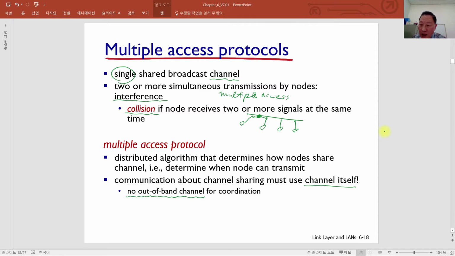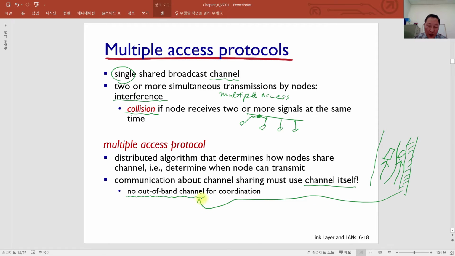Think about this analogous example. This is a highway, and we can think about this situation. This is driving a car, and in some emergency case, we can use this side road. This is a kind of out-of-band channel.